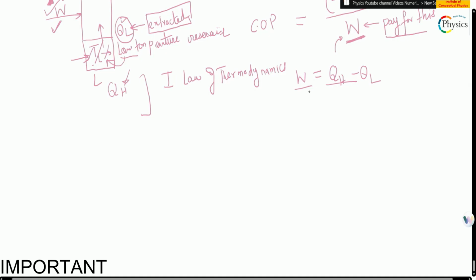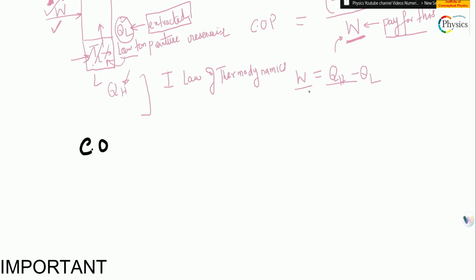All right, so let's come to the mathematical part of this. The coefficient of performance is given by QL, which is what you want to achieve, divided by what you pay for.